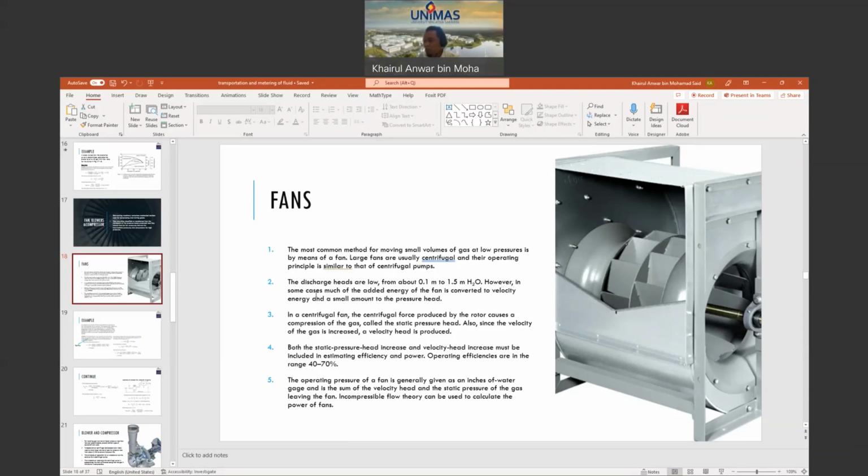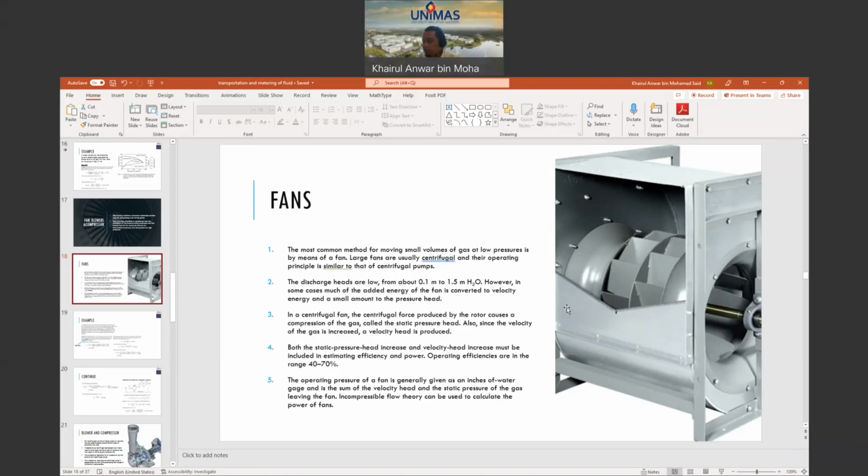However, in some cases, much of the added energy of the fan is converted to velocity energy and a small amount to the pressure head. In a centrifugal fan, the centrifugal force produced by the rotor causes a compression of the gas called the static pressure head.